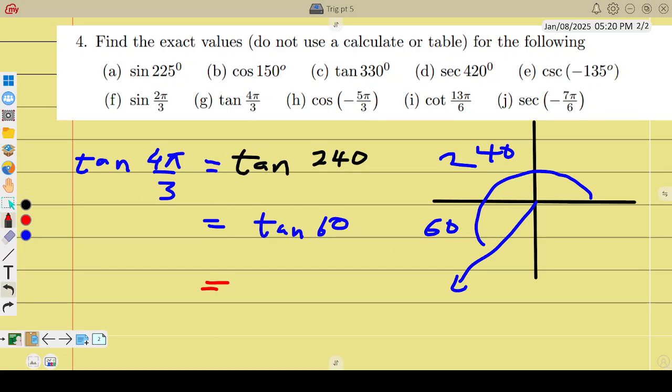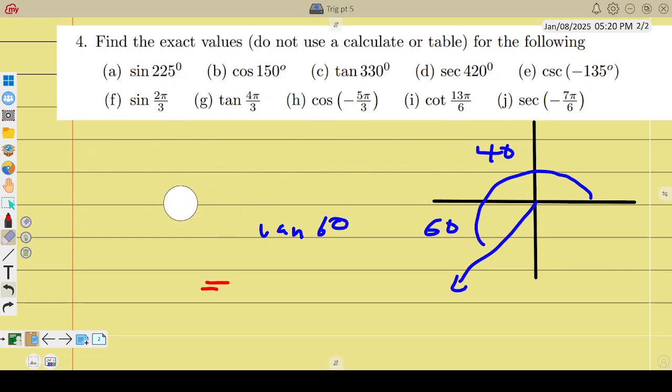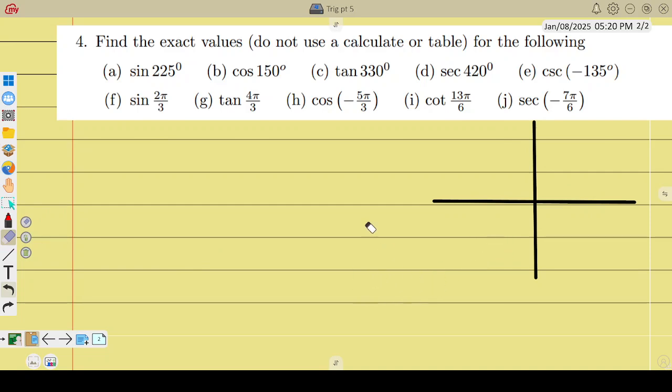We proceed. Okay. So we're almost done. So let's go to question H. What is cos negative 5 pi over 3?